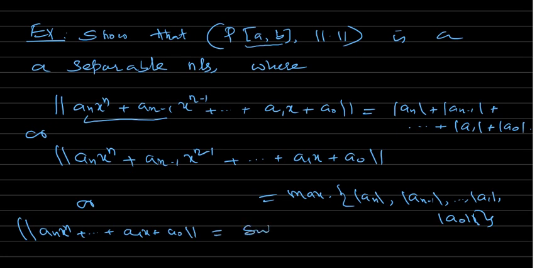It is the supremum of the value, the supremum of a_n x^n + ... + a_1 x + a_0, where this supremum runs over x, with a less than or equal to x less than or equal to b. With respect to these norms, it's a separable space. This P of AB is a separable space.